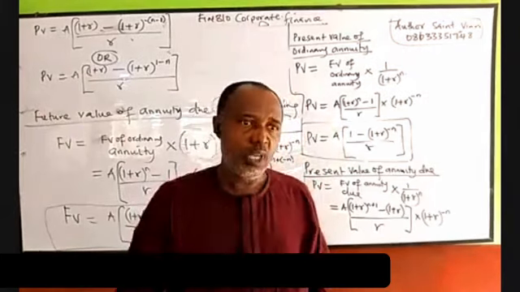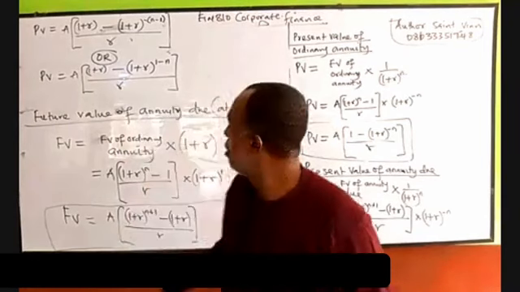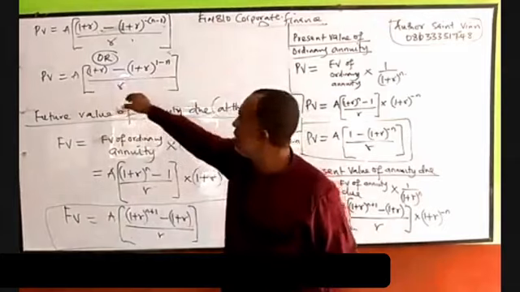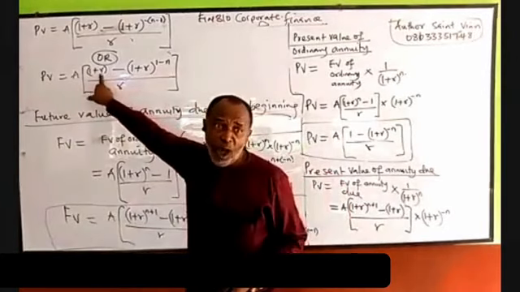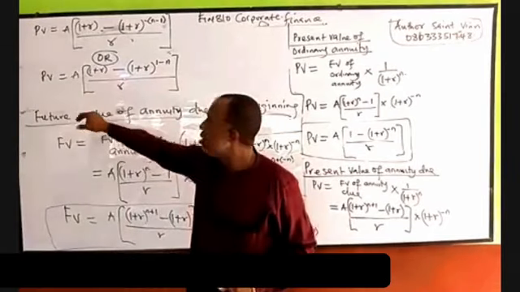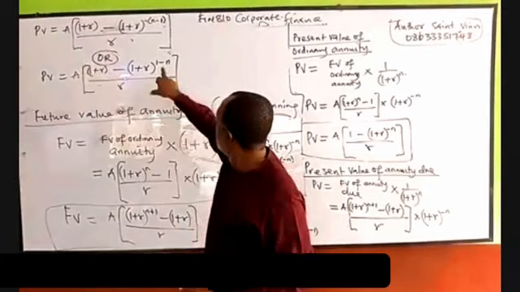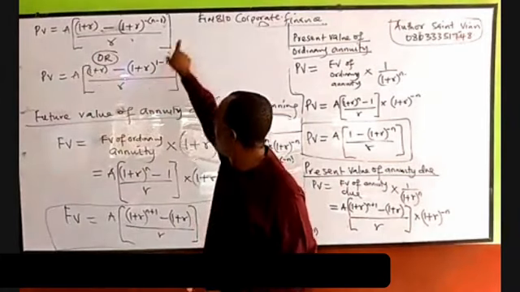If the question says we should compound quarterly, all this R you are seeing, we divide this R by 4. If there's something on top, we'll put it. Are you following? Because what you are seeing here is just 1. We also multiply the result by it.